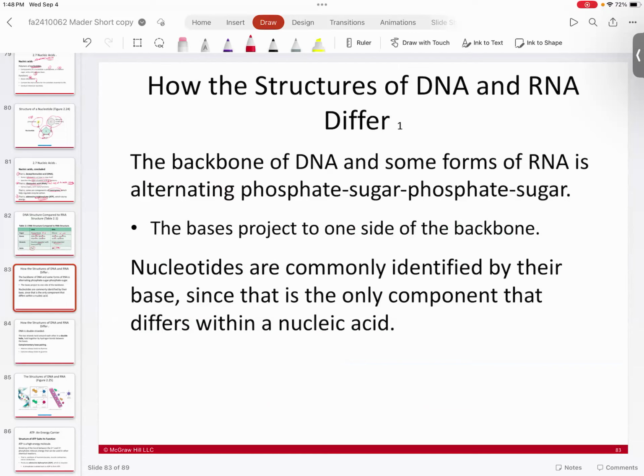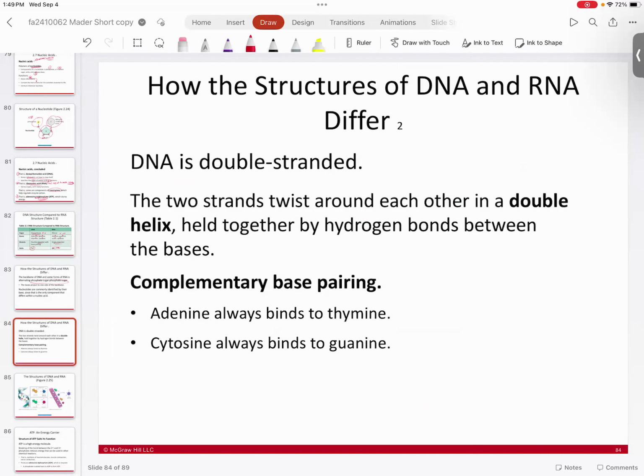When you take a look at the structure, DNA will form this alternating phosphate sugar backbone. We'll take a look at that here in just a second. And then from the sides of the backbone, you'll see these bases projecting. And so you have to identify those and pair with those.